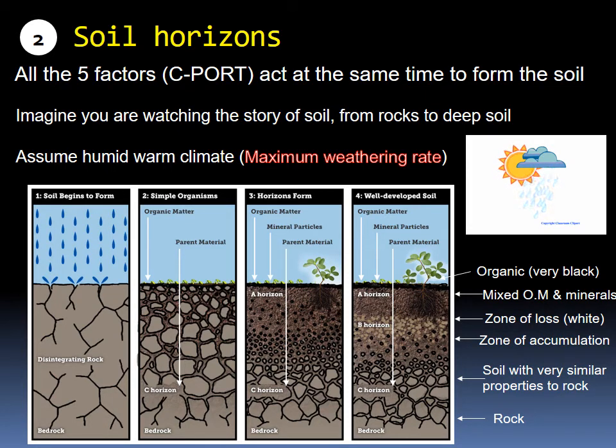When these plant materials fall onto the surface and the animals die, they are decomposed by the organisms, and then they will form a layer which is purely organic matter, dark, really black in color, at the soil surface. It's only organic materials.